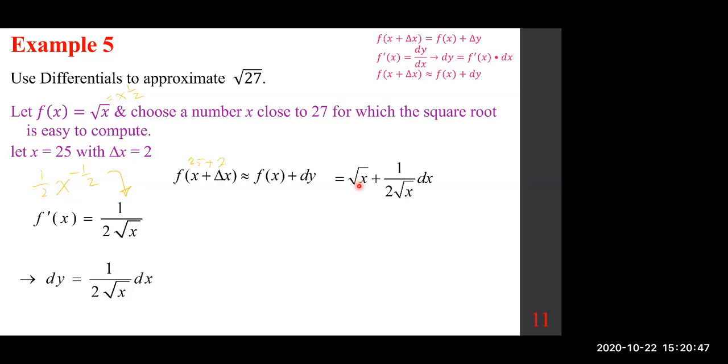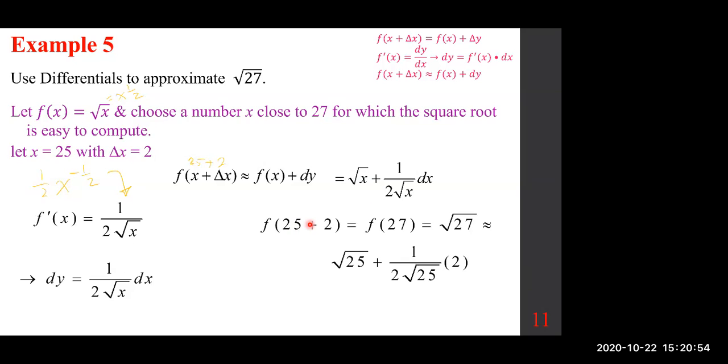And so plug in, replace the x with 25 and dx with 2. f of 25 plus 2, or f of 27. You know this is 5, you know this is 5, 2 and 2 cancel each other, 5 plus 1/5. And 5 plus 1/5 is 5 and 1/5, or 5.2.